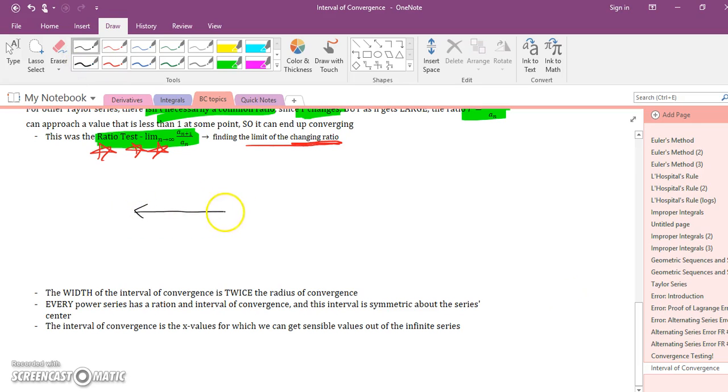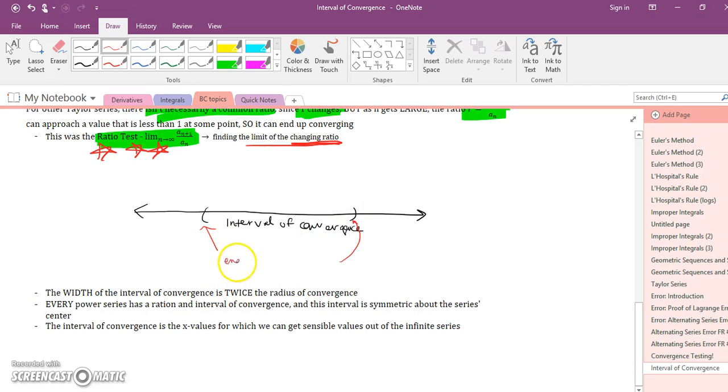which will help you understand how the interval of convergence versus the radius of convergence works. So let's say we're on our x-axis here and we have our function and we have our series, which is approximating it. We will be finding what's called the interval of convergence. And let's say it's this right here, the interval of convergence. And we're going to be testing our endpoints here and here.